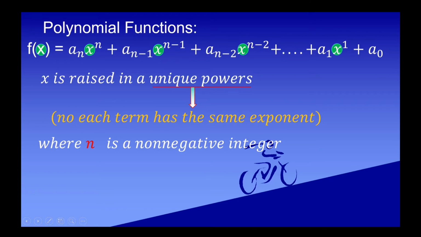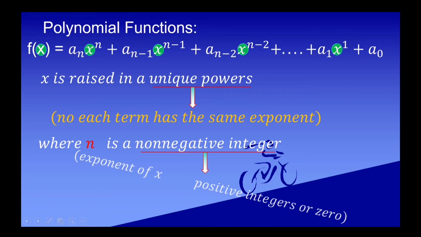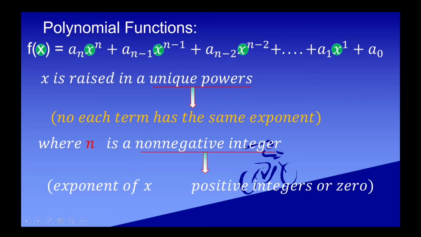The non-negative integer refers to the power of x, or the exponent of x, that must be a positive integer or 0. Our n is our exponent, and it should be written in decreasing order of power of x.